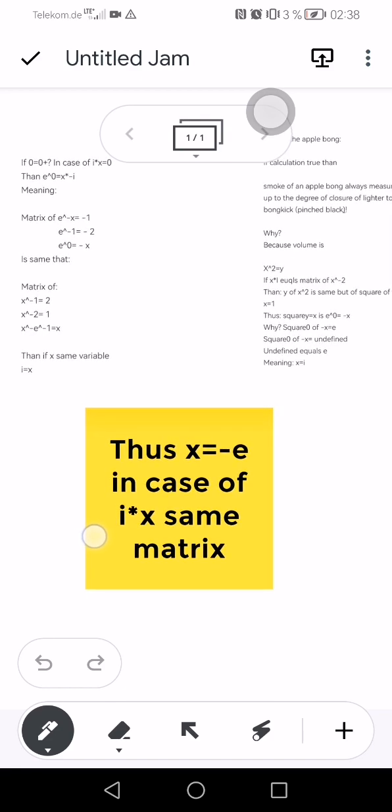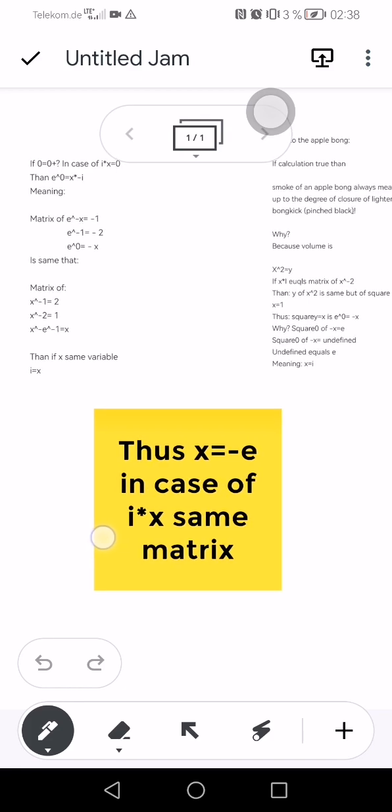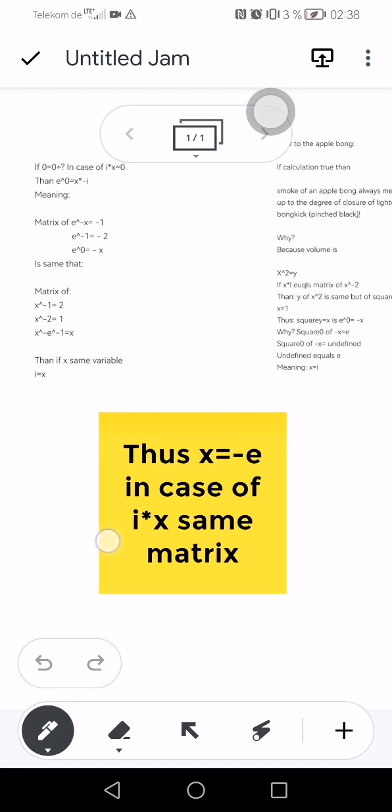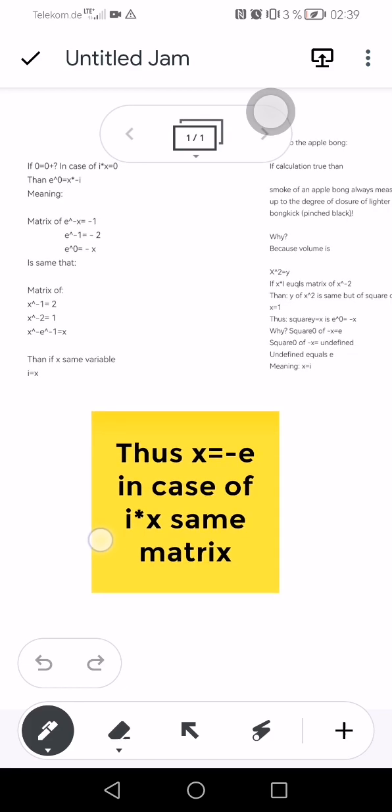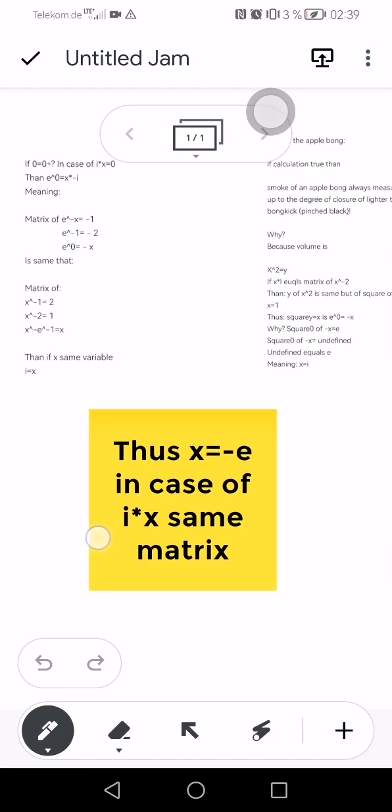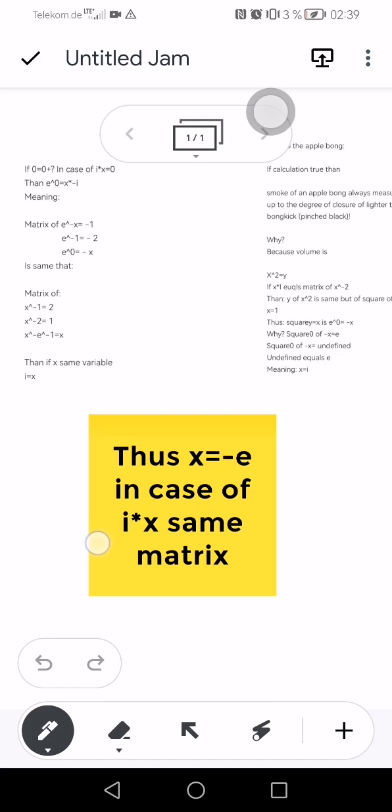Then e squared 0 with a minus in front of it, squared with minus 2 equals 2, and 2 then equals 1 again, which doesn't make much sense till you take the rest of the matrices into account.